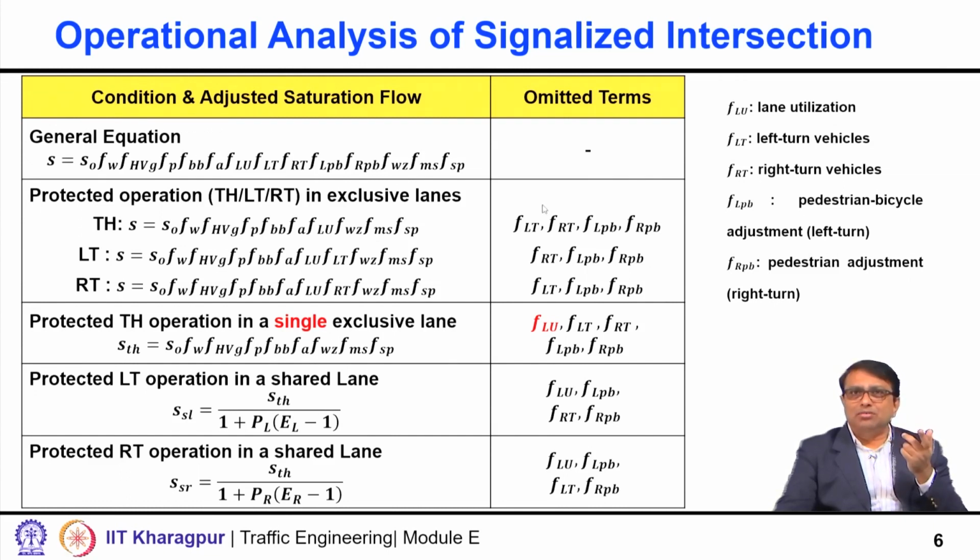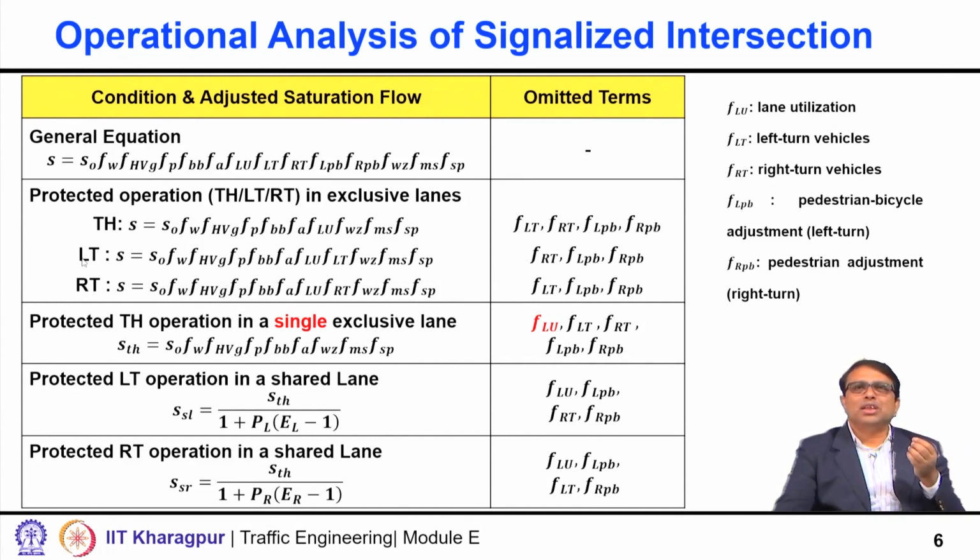So, the correction factor for left turning vehicles will not be applicable, the correction factor for right turning vehicles will not be applicable, and the pedestrian-bicycle adjustment for left turn and also for right turn will not be applicable. So, these factors will get omitted, that means they will be taken as the default value of 1.